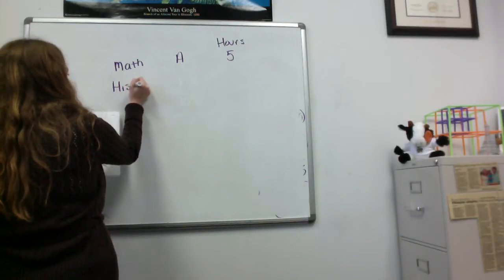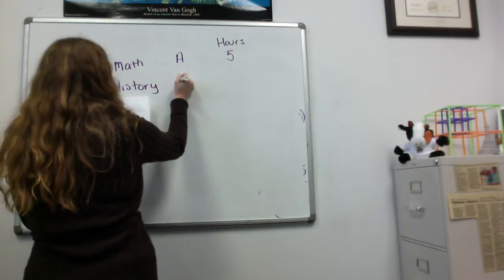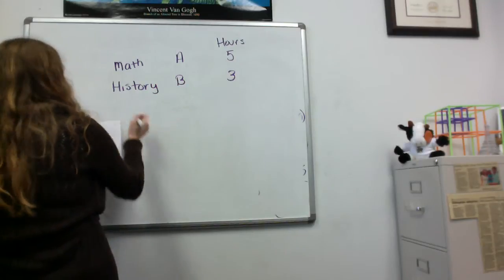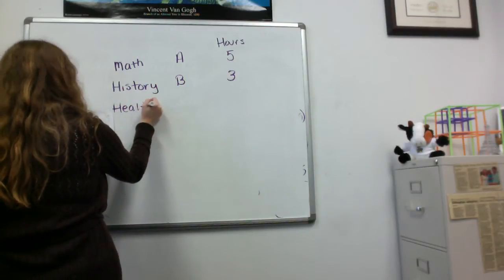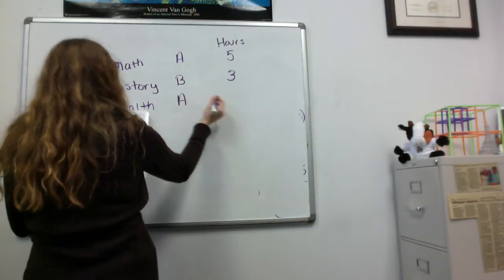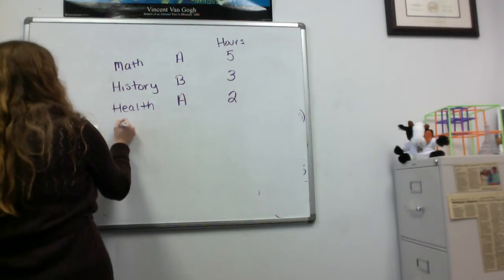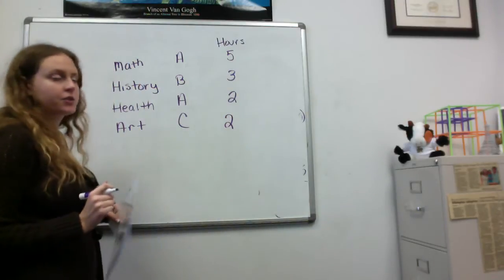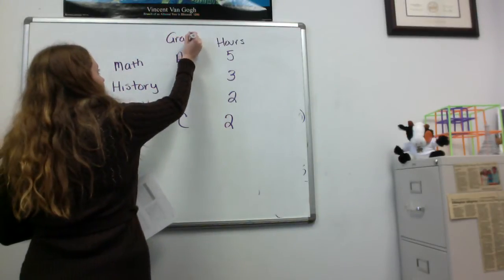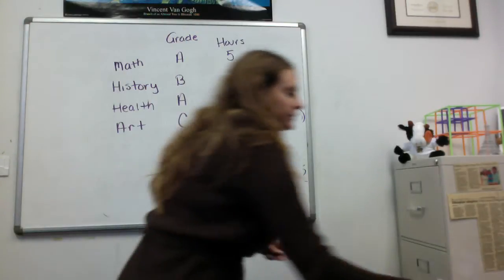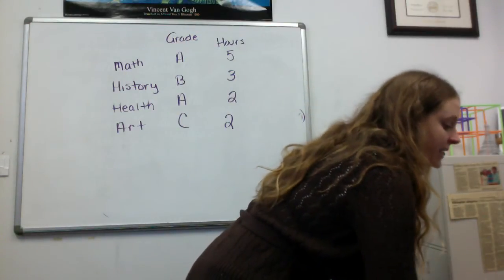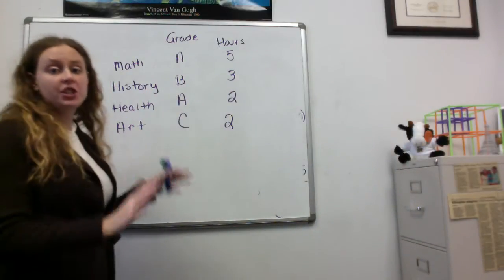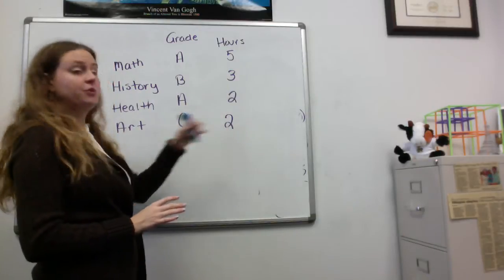Let's say in history, we earned a B, and that was worth 3 credit hours. In health, we earned an A, and that was worth 2 credit hours. Art, we earned a C, and that was worth 2 credit hours. So we have our grade, and then how many credit hours. Classes that have a lot of credit hours affect our GPA more than classes that do not.